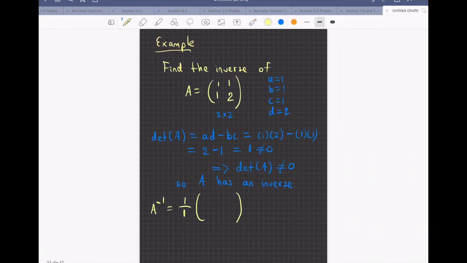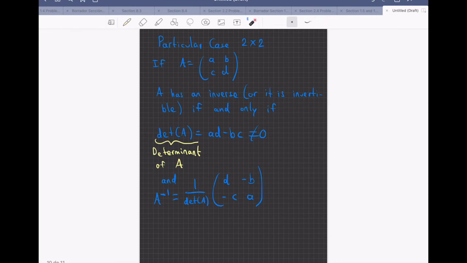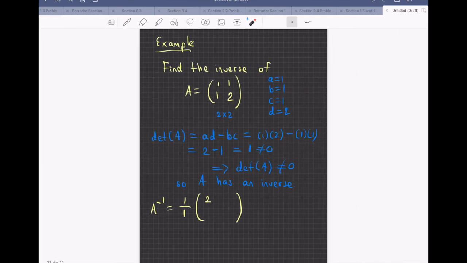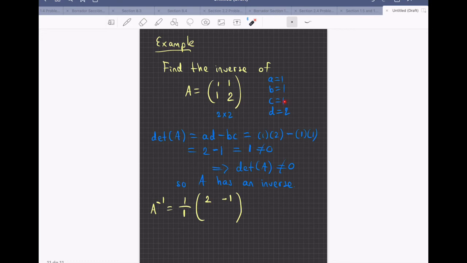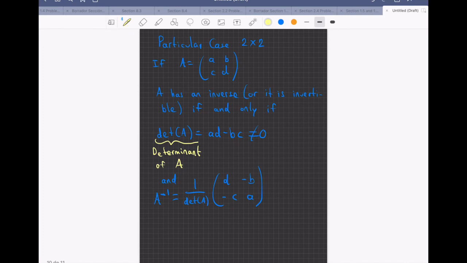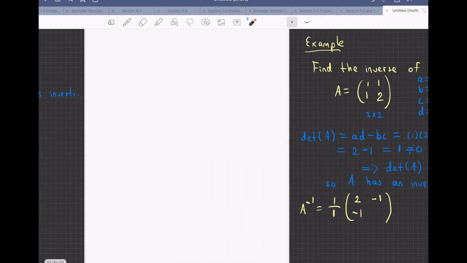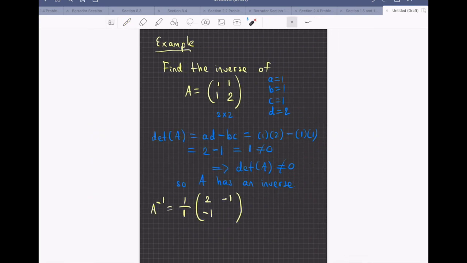So 2. Negative B. Whatever the number B is, it doesn't matter if it is negative, you have to put negative B, multiply it times negative 1. In this case 1, negative 1 times 1 is negative 1. This one here C, negative C. C is 1 as well, so it will be negative 1. And this one is A. The value for A is 1, so I put 1.